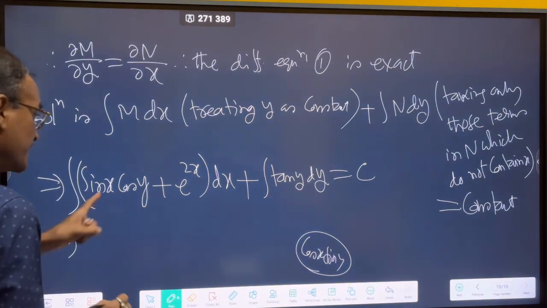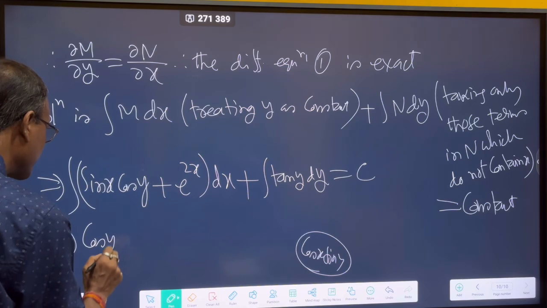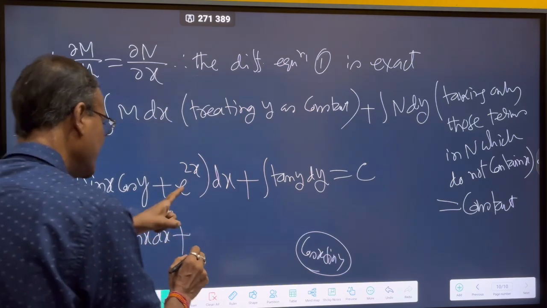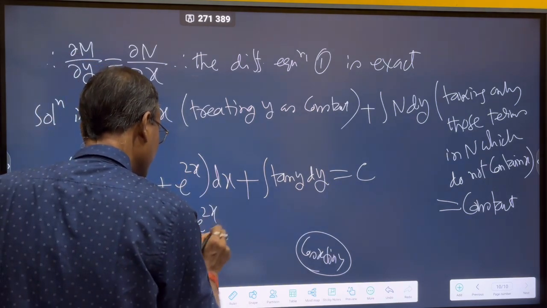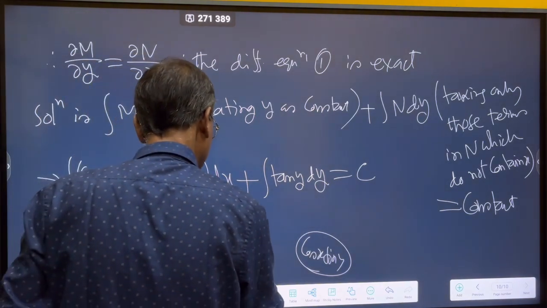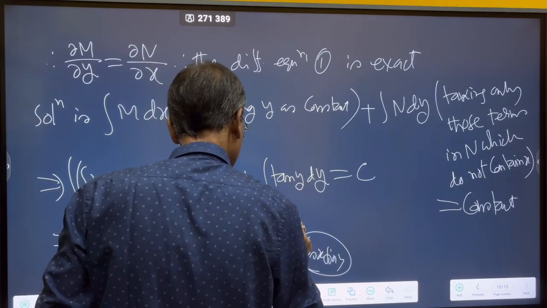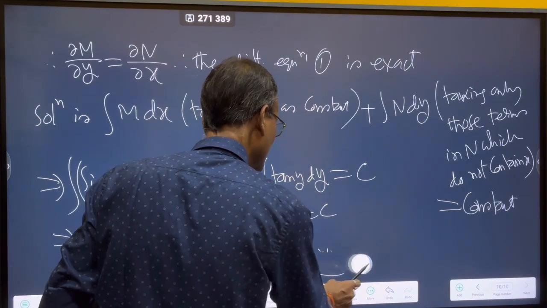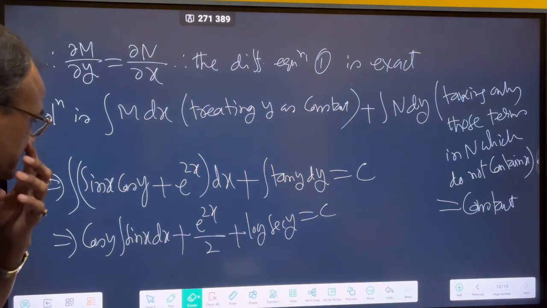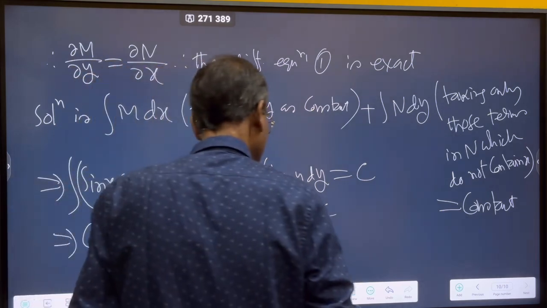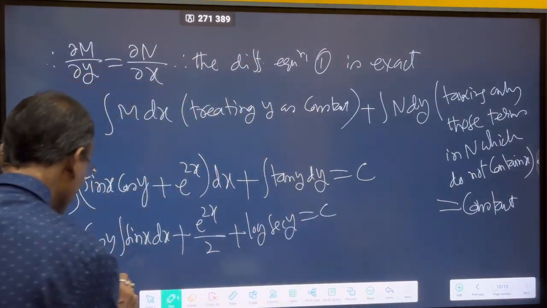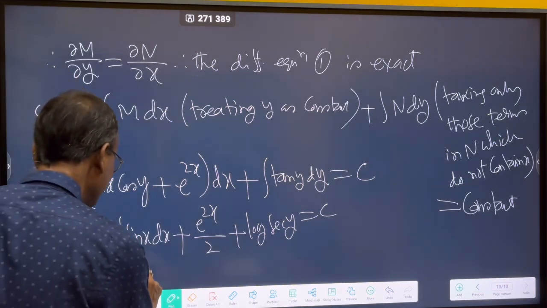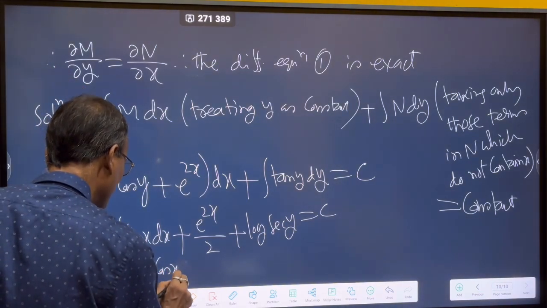Here cos y is constant. Cos y integral sin x dx plus integration of e to the power 2x, which is e to the power 2x divided by 2, plus log of sec y, equal to constant. The integration of sin x is minus cos x.